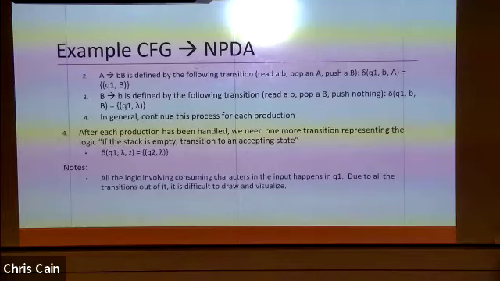Don't try to draw that out. That's going to be a nightmare. Because of all the transitions, it's difficult to draw and visualize. So this is why we write them with a list of transitions, rather than trying to draw it out, especially when you're doing a CFG to NPDA translation.